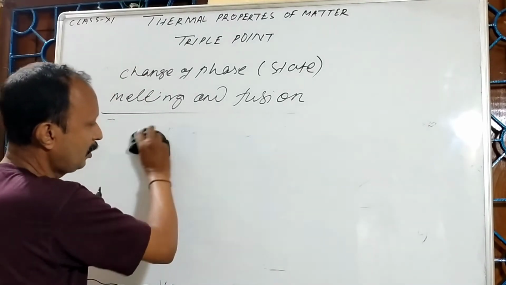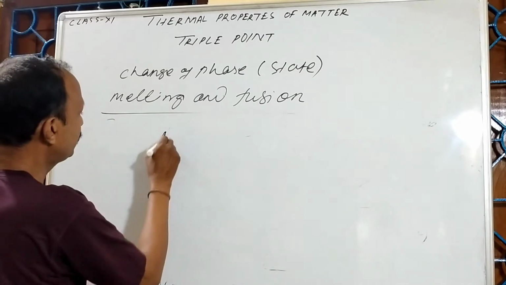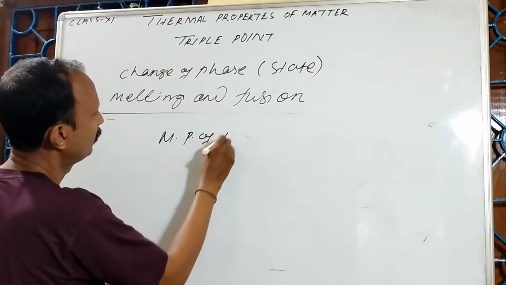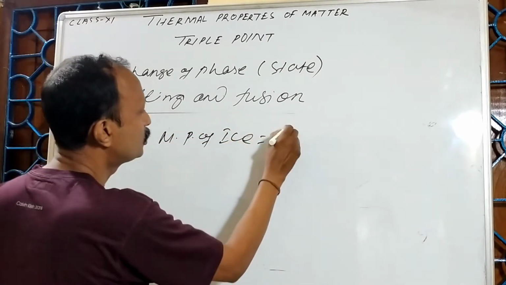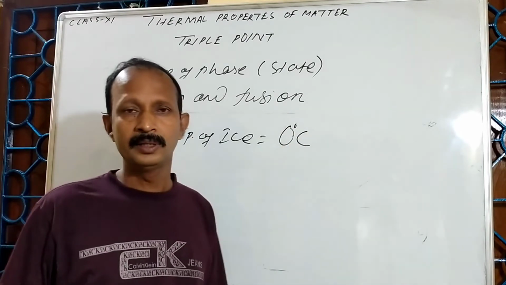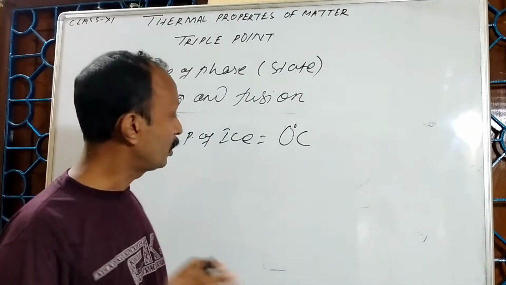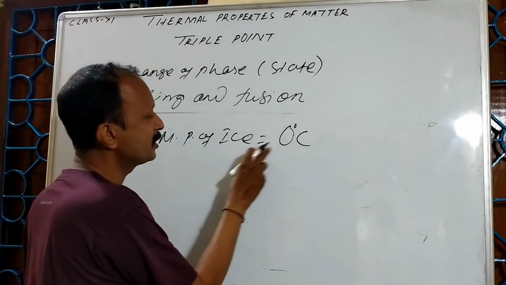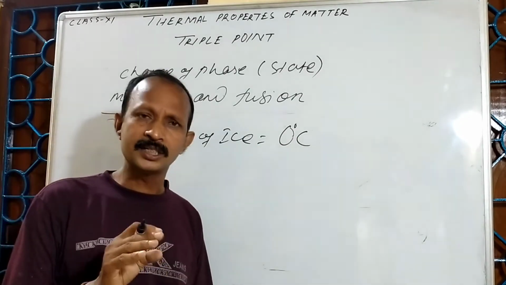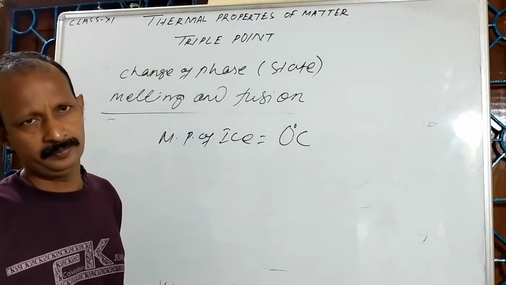Now you see that suppose the melting point of ice is 0 degrees Celsius at standard atmospheric pressure.